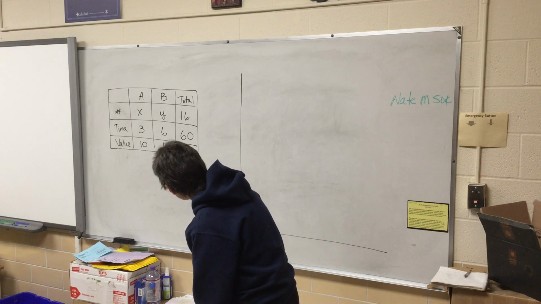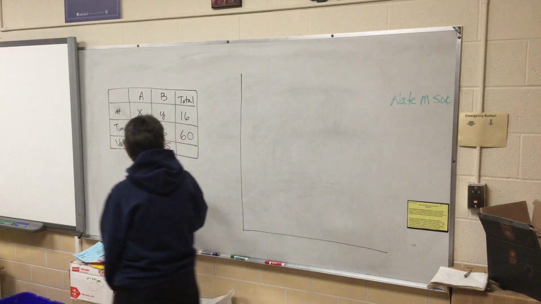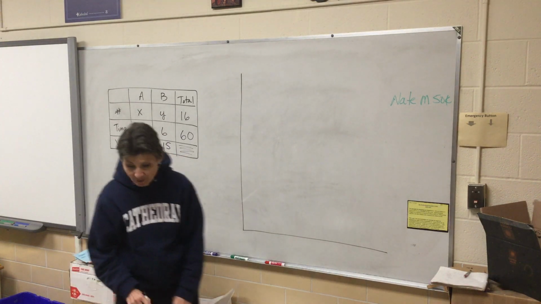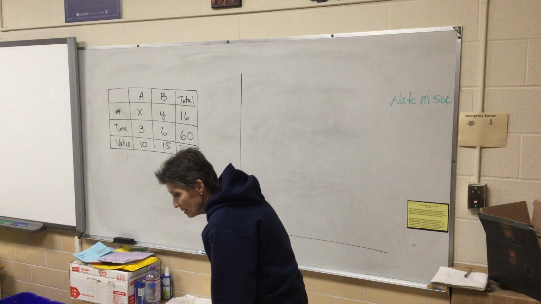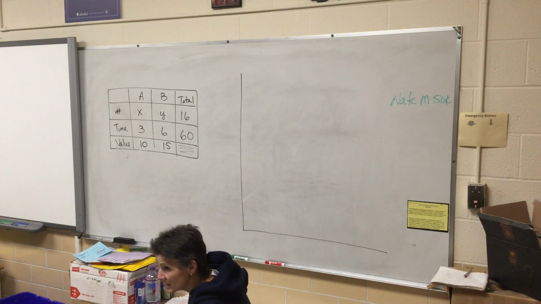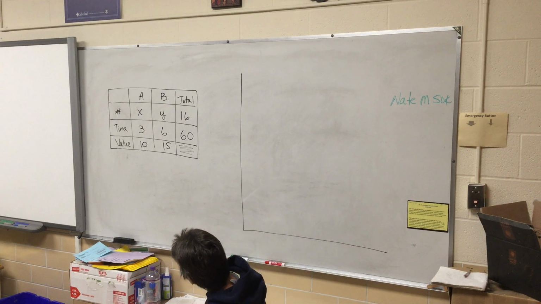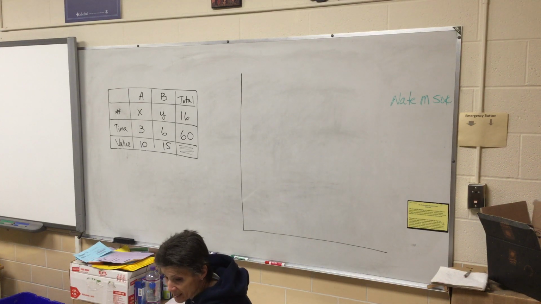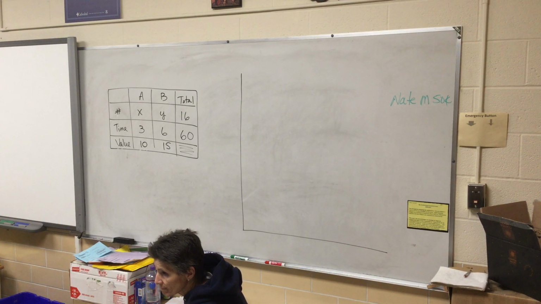Now, by the way, this one's not going to have anything in it because I don't know what that is. The purpose of the table is to organize all of the numbers that they give you. Does anybody have a question about why a number is in a spot in the table? That makes sense to everybody?